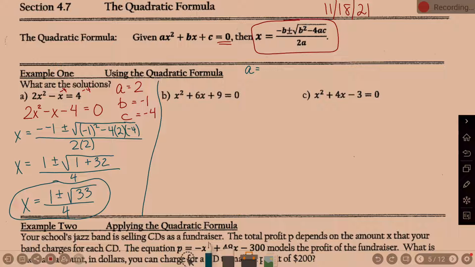A is what? 1. Because why? It's in front of the x squared. Okay? B is 6 because it's in front of the x. C is 9 because it's the constant. Okay? The number by itself. Okay, we got our ABCs.